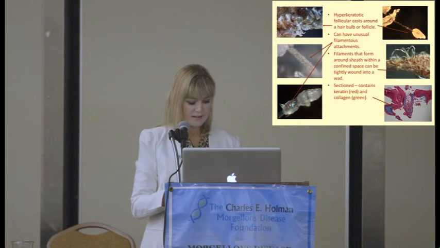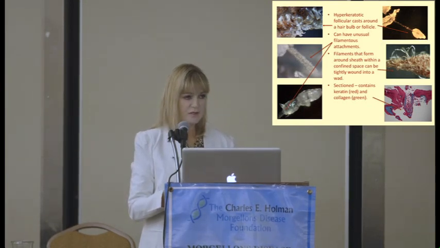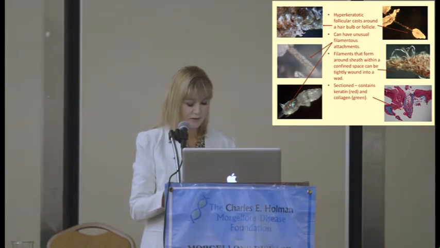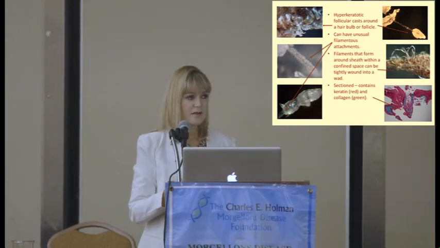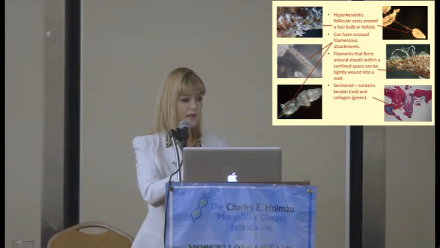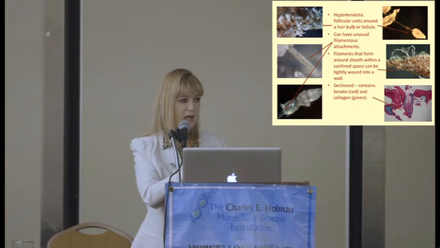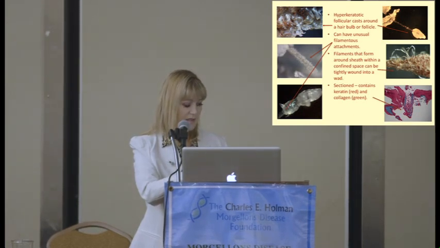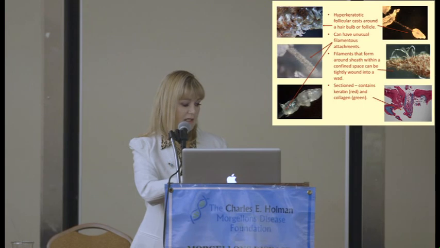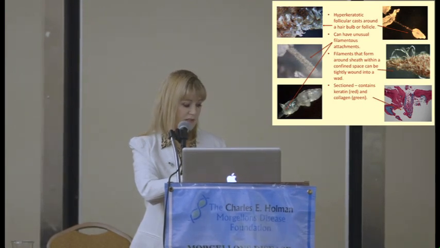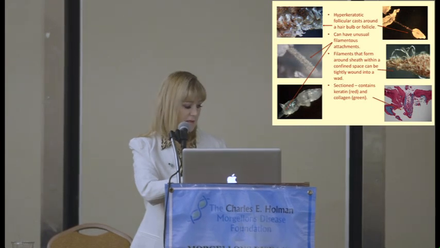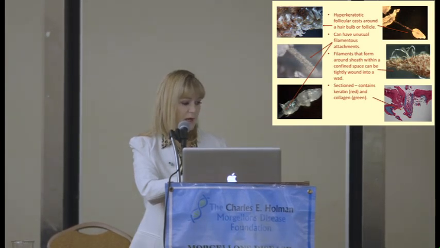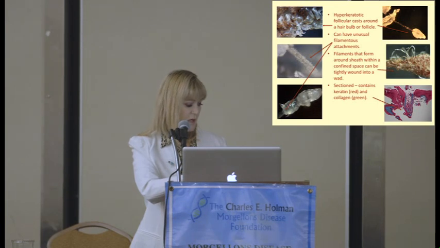Some patients produce hyperkeratotic follicular casts, and this is where the follicle or the pore thickens and becomes highly keratinized, and the keratin layer just thickens and grows and grows. This is a really common finding, and it indicates defective keratinization. These too can also have unusual filamentous attachments, and there are some arrows pointing to those.